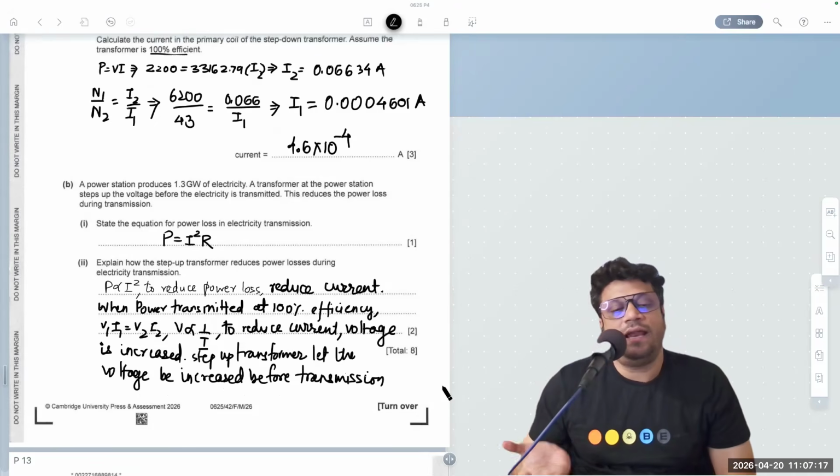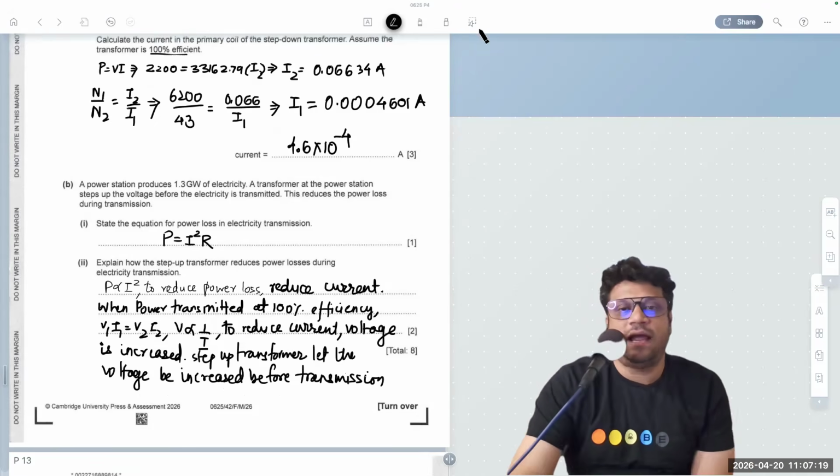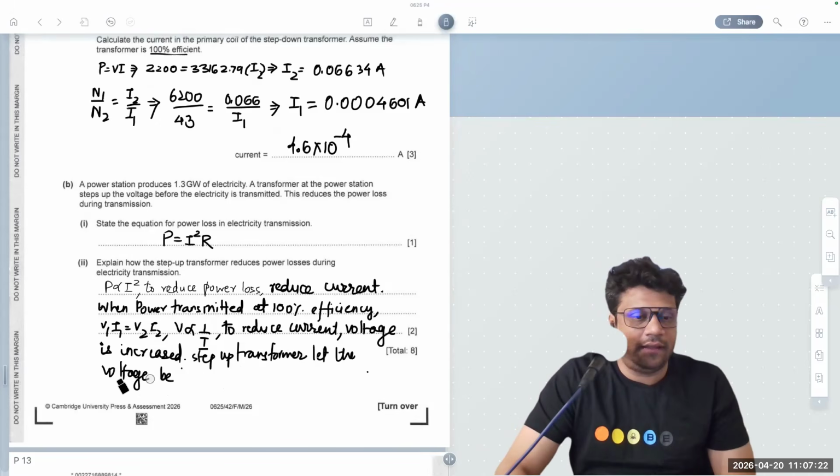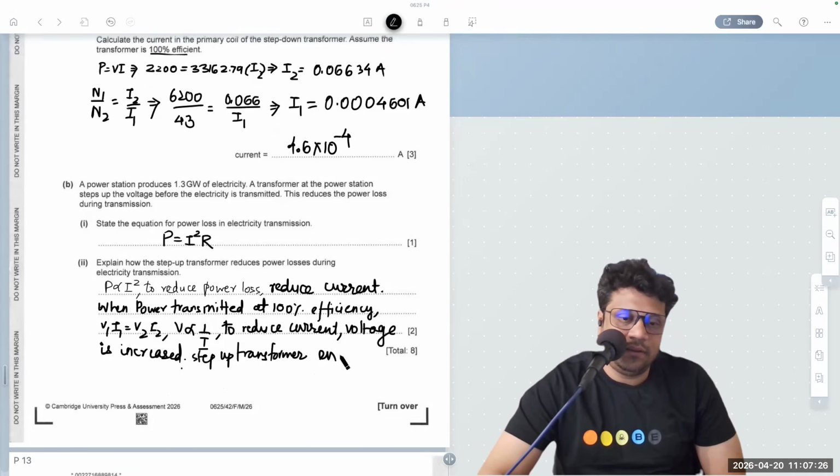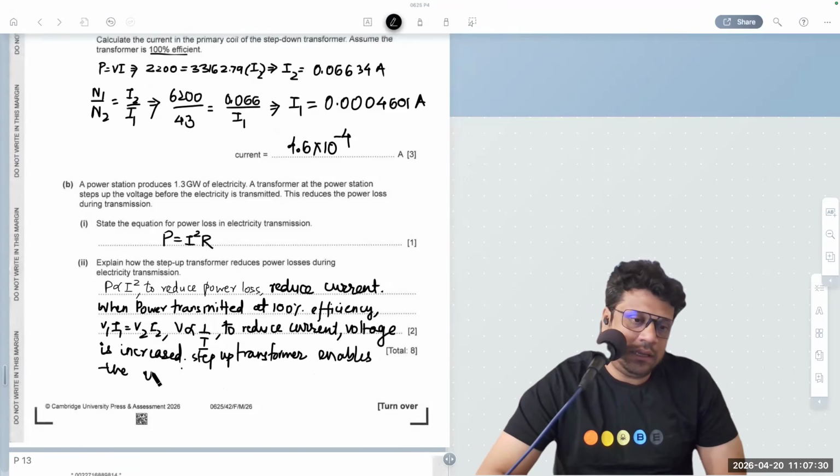Step-up transformer enables the increase in voltage before transmission. That's a better thing to write. We'll write it like that. Step-up transformer enables the increase in voltage.